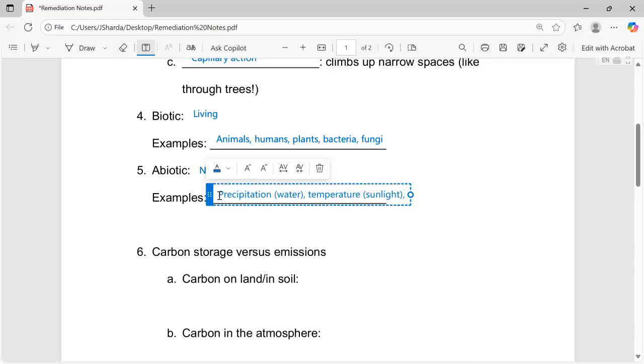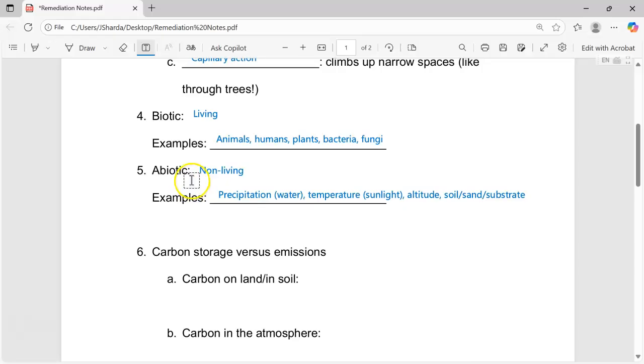Sunlight itself is not alive, but it does give rise to life and living organisms. So precipitation, temperature, altitude, elevation. You could talk about soils and sand. We call this substrate. That is probably more than you need to know about that. But non-living factors in an environment. So here's some examples.